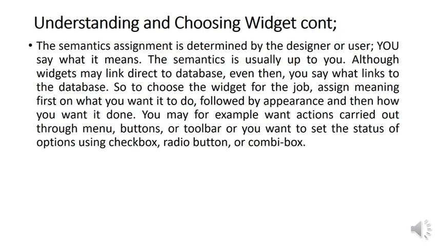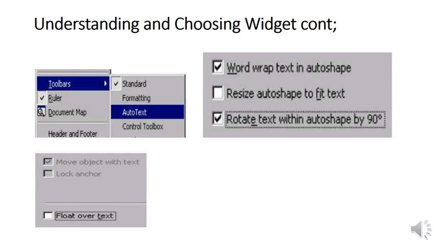So to choose the widget for the job, assign meaning first on what you want it to do, followed by appearance and then how you want it done. You may, for example, want actions carried out through menus, buttons, or toolbars, or you want to set the status of the option using a checkbox, radio button, combo box, or combo.